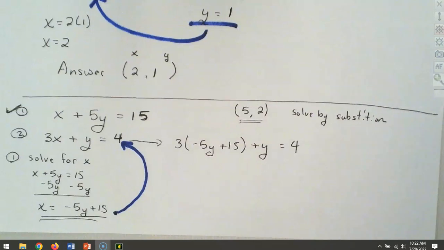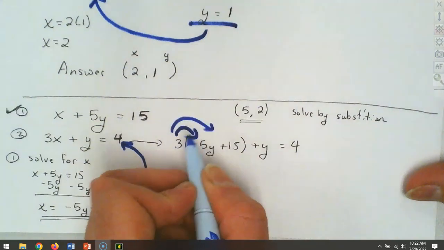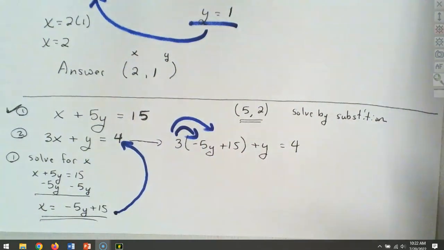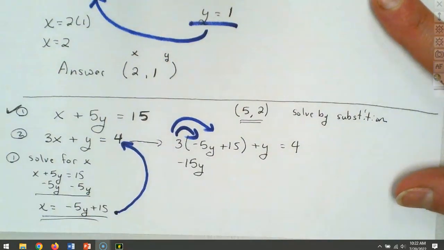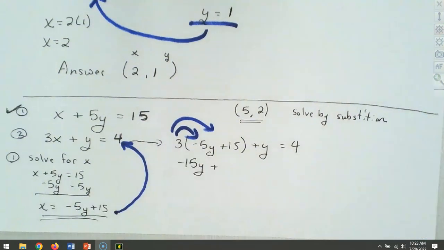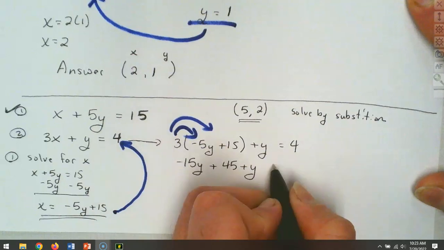And now what's going to happen when I distribute through? Well, I want to solve it because we now only have one variable, which is what we want. We want to be left with only one variable. So we're going to distribute that 3 through. And that's going to give me negative 15y, and 3 times 15, that should be 45, plus y equals 4.